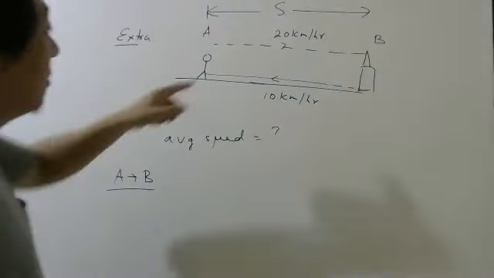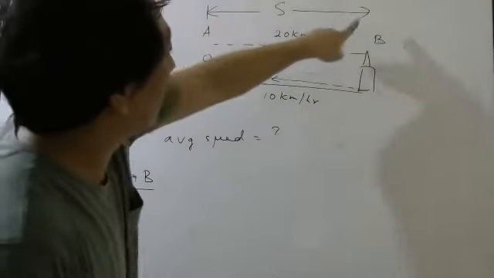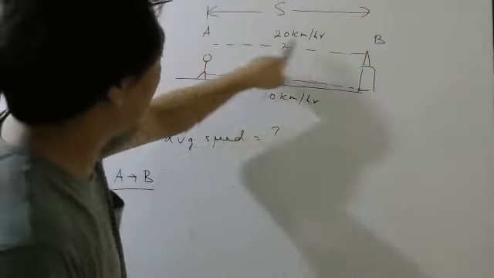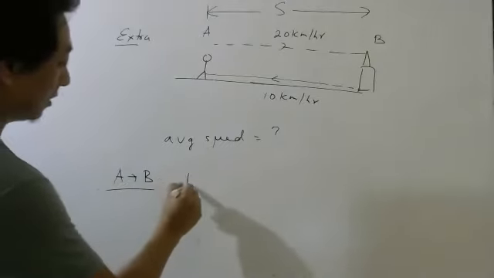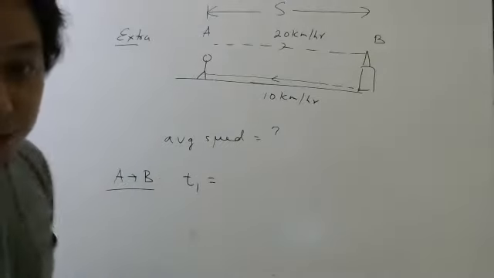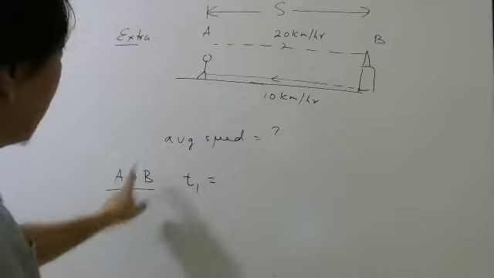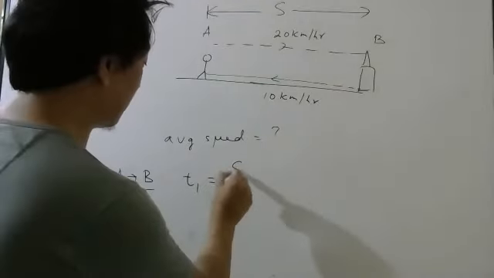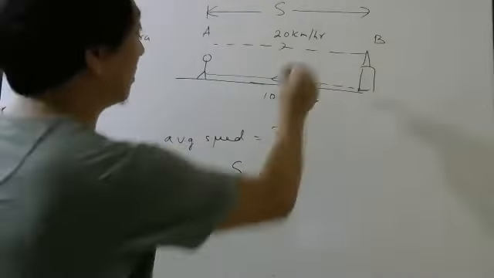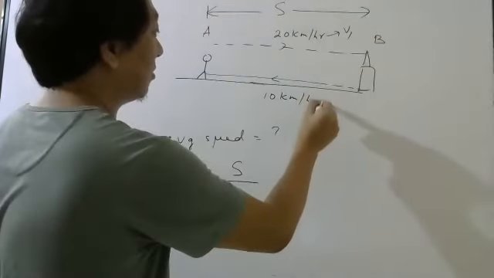So first what you do, use this distance and this speed to find the time taken while going from A to B. So what will be time taken from A to B? Distance is S, speed is V1. This is your V1, let's say. This is your V2.